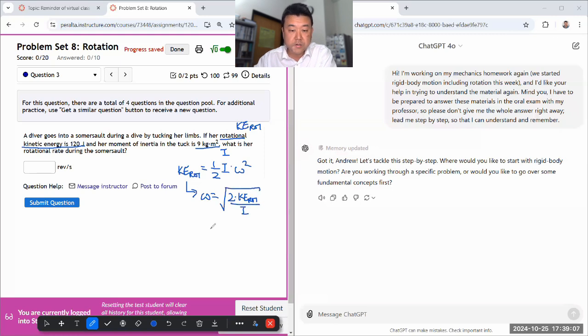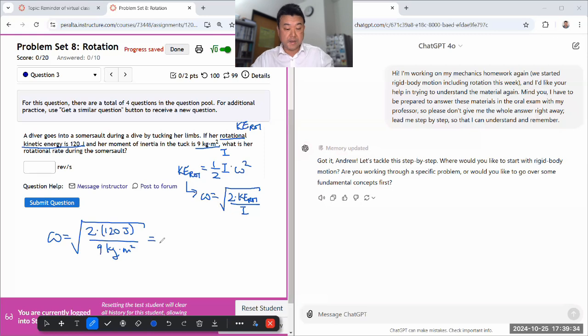And you plug in the numbers. Omega is equal to the square root of 2 times 120 joules divided by I, that's in basic SI units, 9 kilogram times meter squared. And you even work out the units and see that it's 1/second. And when you work this out, let me do it in a calculator.